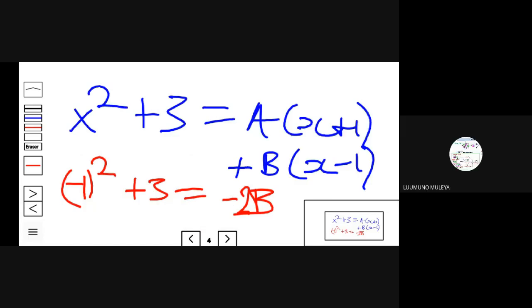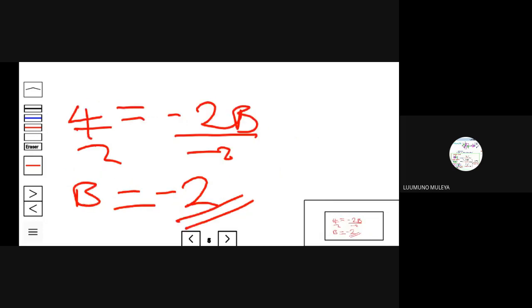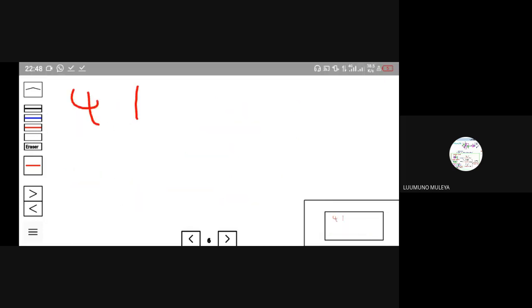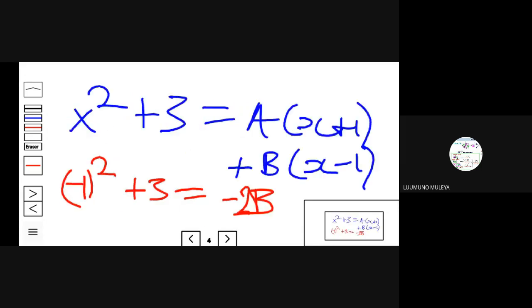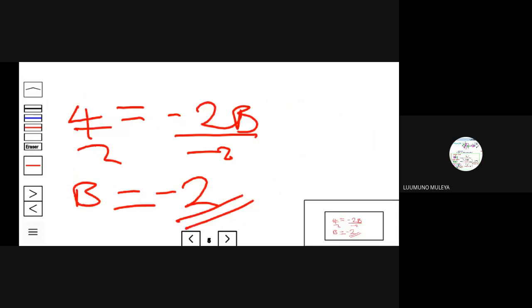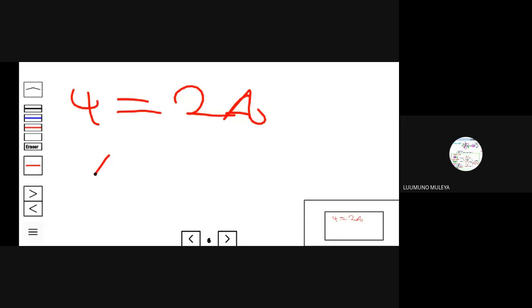Then we solve for A. So 4 is equal to 2A, so A is equal to 2. Therefore A is equal to 2.